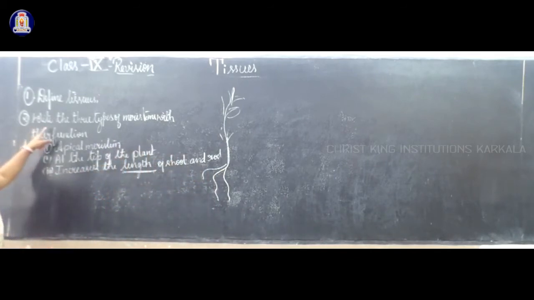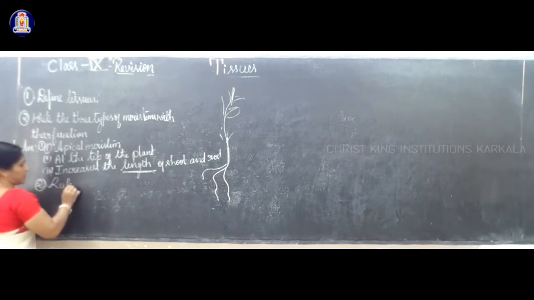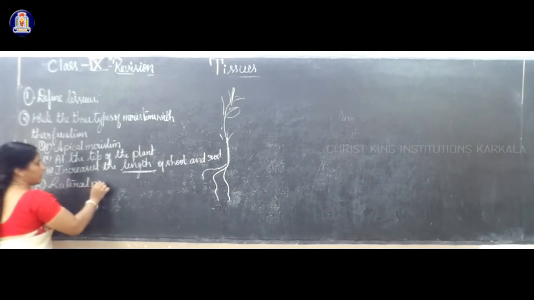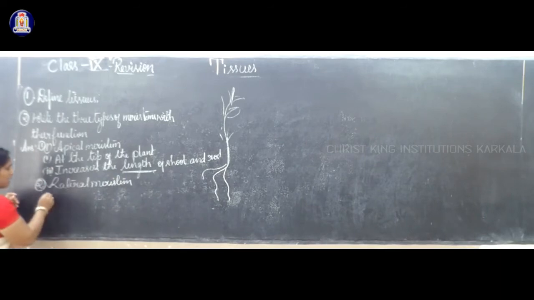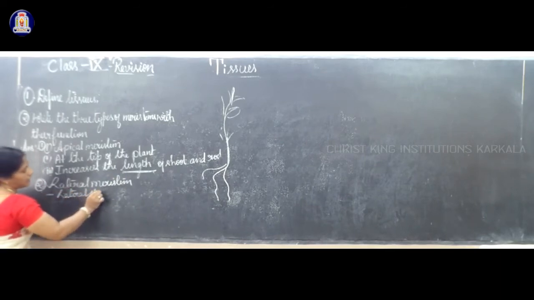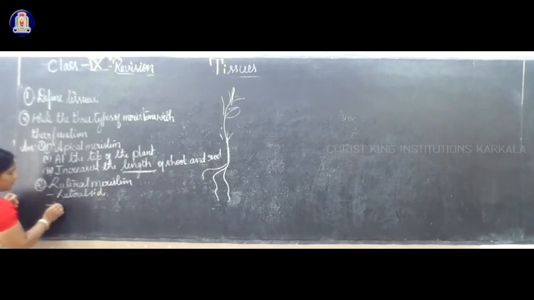So next one, write the 3 types. This is only the first one we have completed. Second one, lateral meristem. Where is it present? On the lateral side or side of the plant. What is its function?